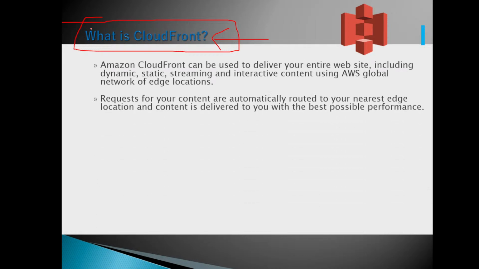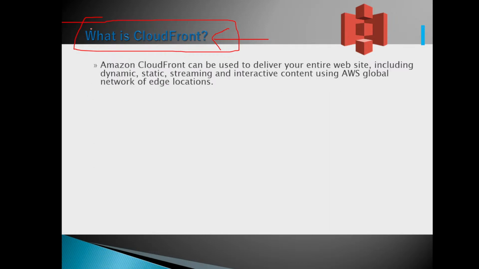CloudFront can be used to deliver your entire website, including dynamic, static, streaming, and interactive content, using the AWS Global Edge Location network. What type of content can you deliver? Any type of content you can deliver on edge location using CloudFront.